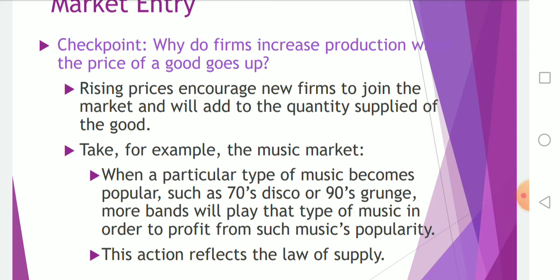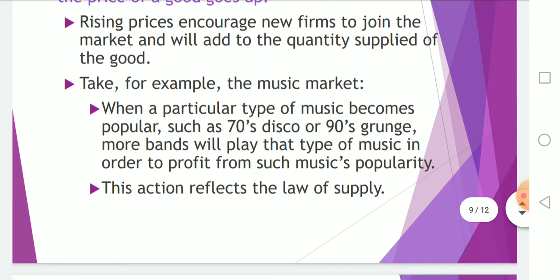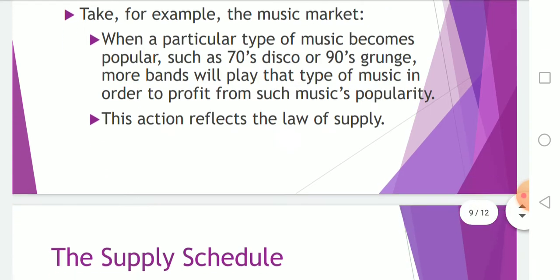As we see nowadays in Egypt, we have a kind of rappers like Wegz, and a lot of singers like that. They are very successful, they are having a lot of profit. So the action is that they increase this kind of singing, the rap, for example. This action reflects the law of supply.